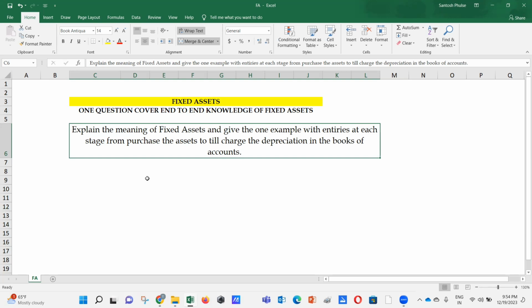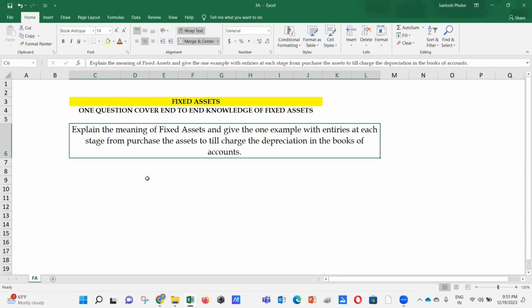So the question is: explain the meaning of fixed assets and give one example with entries at each stage, from purchase of the fixed asset till charging the depreciation in the books of accounts.